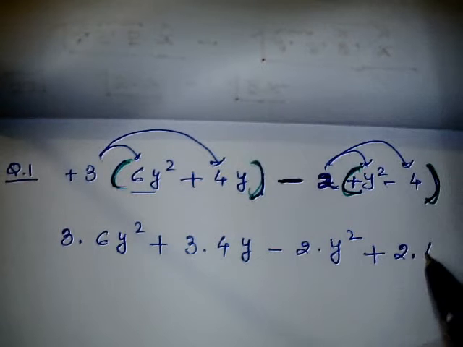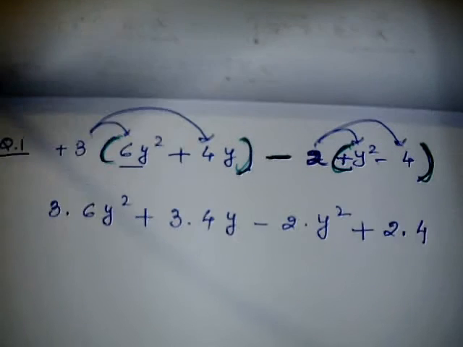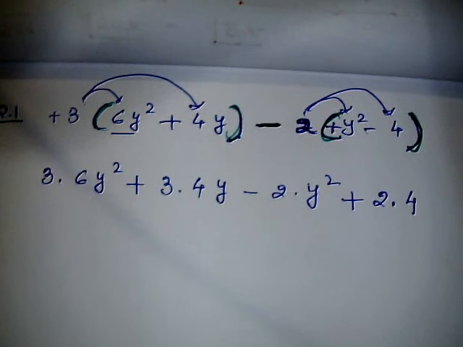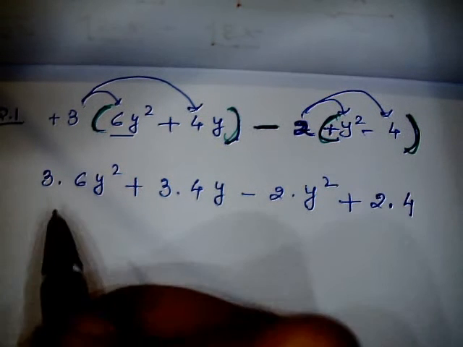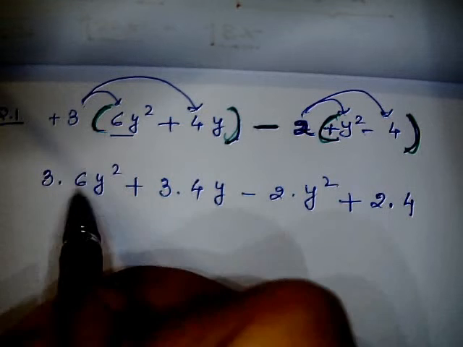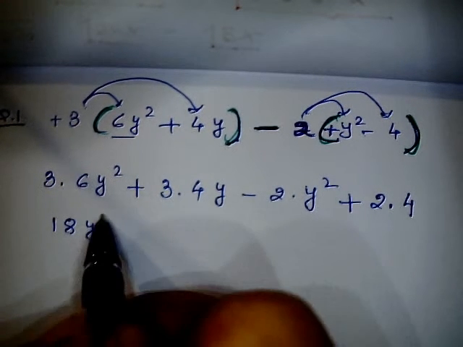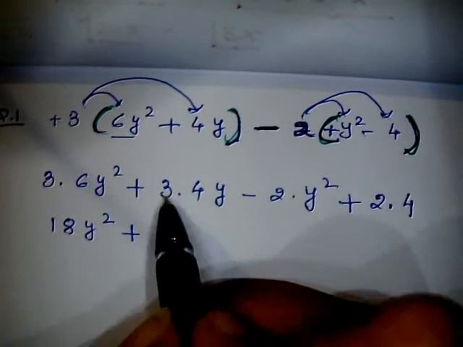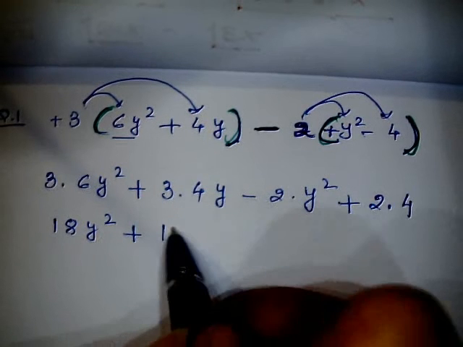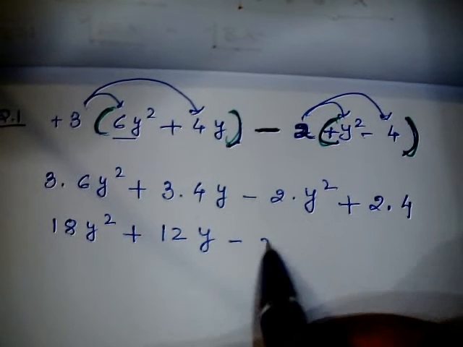So ultimately you can see, if you are opening the bracket with a negative, whatever sign is inside the parenthesis will get changed. If it is negative it will become positive, if it is positive it will become negative. Okay, now 6 times 3 is going to be 18y square, and 3 times 4 is going to be 12y. This is negative 2y square, and 2 times 4 is 8.